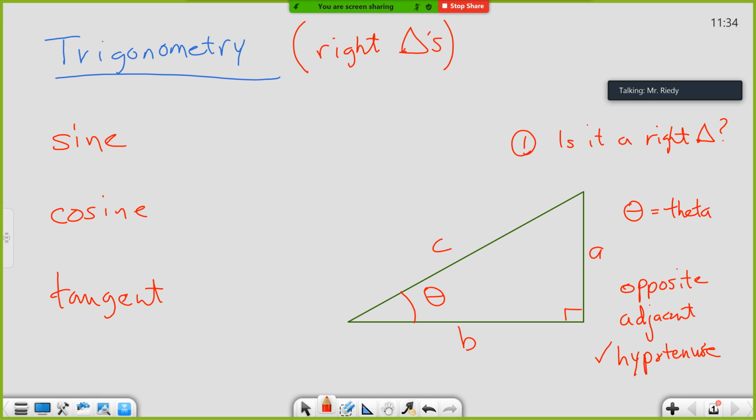Brendan, what does the word adjacent mean? Like they're across from each other. Nope, that's what opposite means. Like they are next to each other. Bingo, next to each other. So Brendan, if we talk about this angle theta, which side is adjacent to the angle theta?